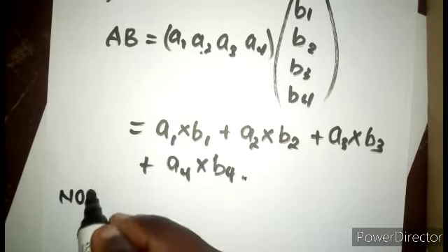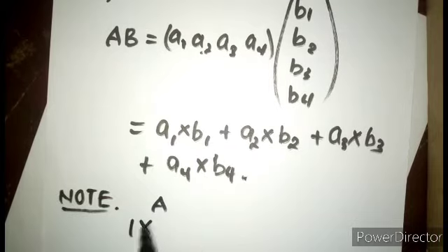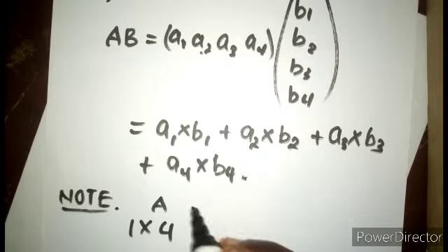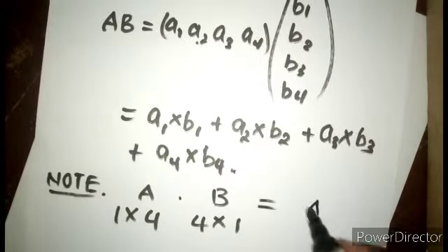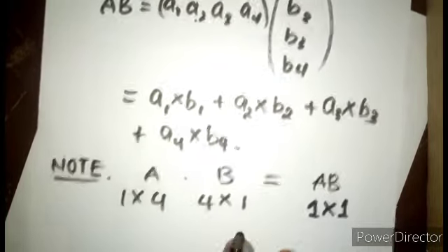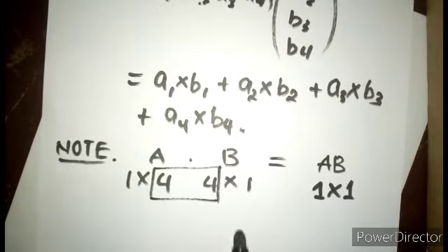Now I want you to note something. A is a 1 by 4 matrix and B is a 4 by 1 matrix. This gives us the matrix AB, and AB is a 1 by 1 matrix. If you look at it very well, the 4 gets annihilated and we are dropped to a 1 by 1 matrix.